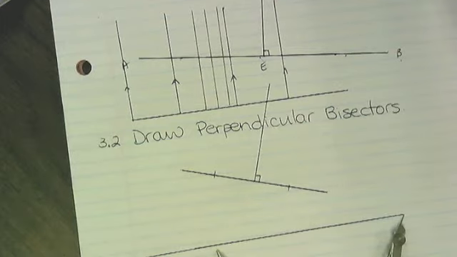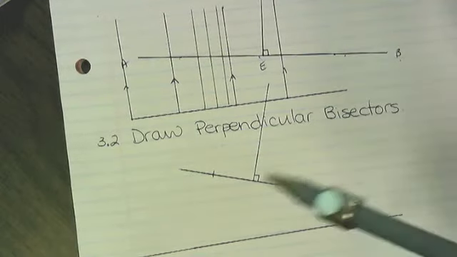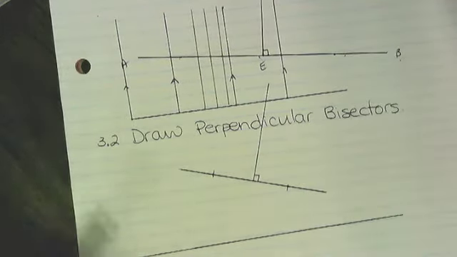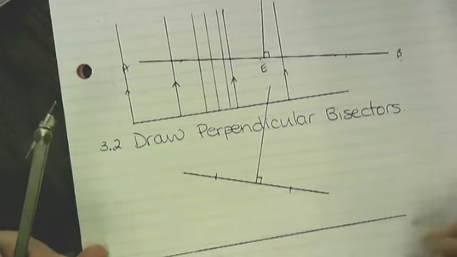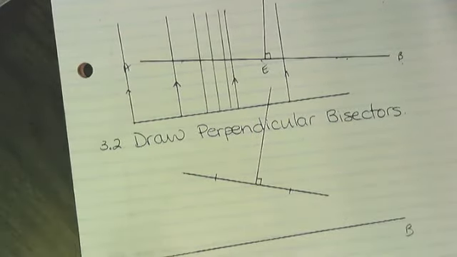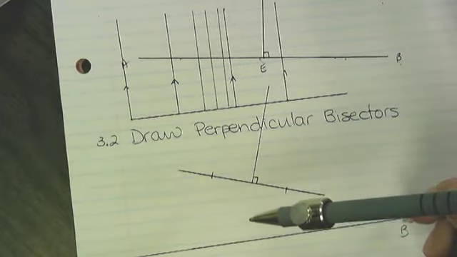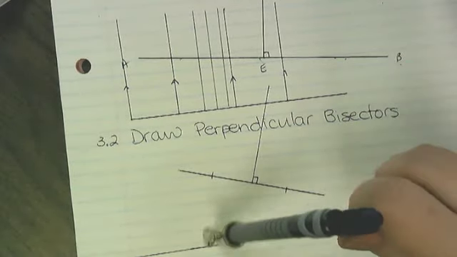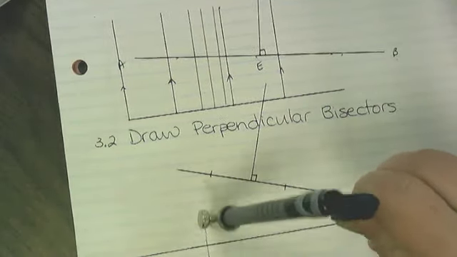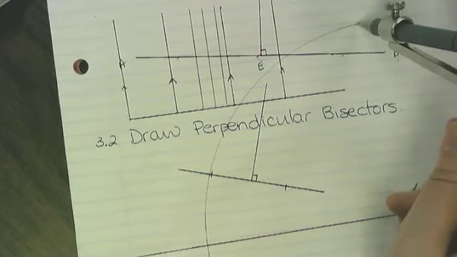Okay. I put the compass, I'm going to label my points A and B. So I put my point on B, and I draw an arc.